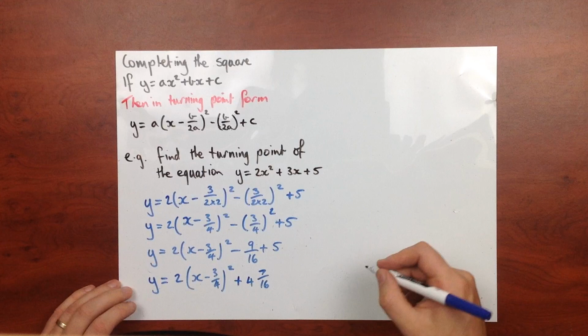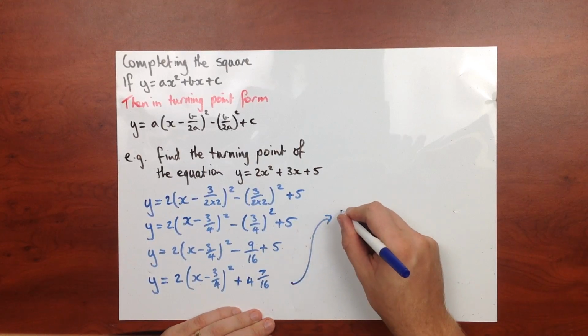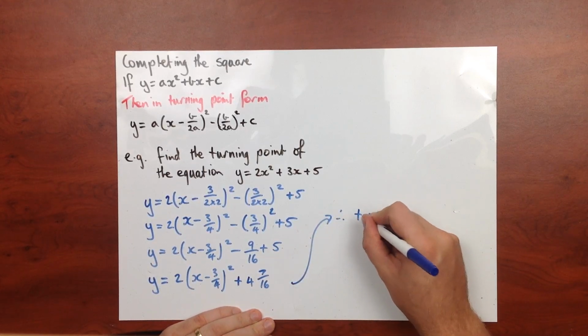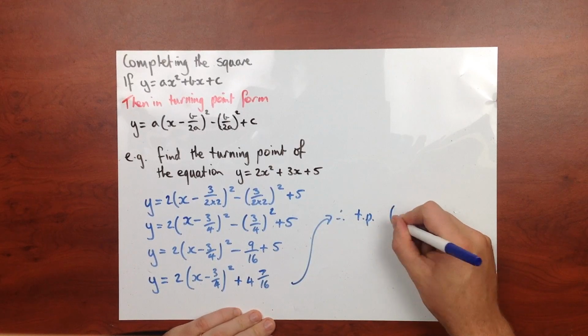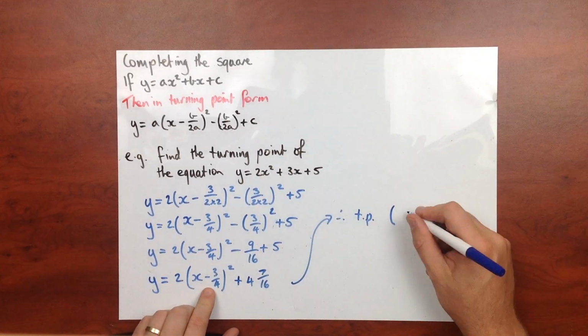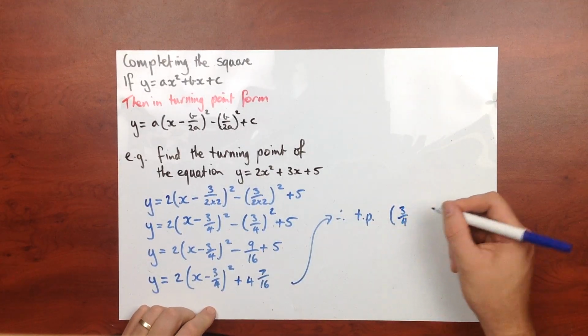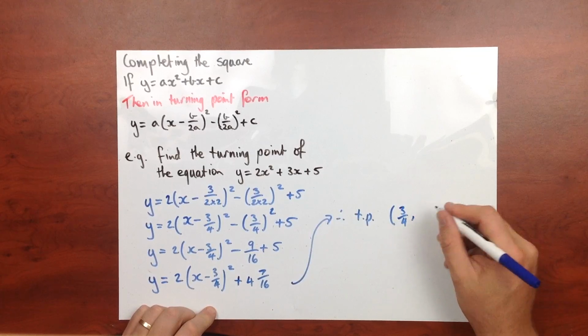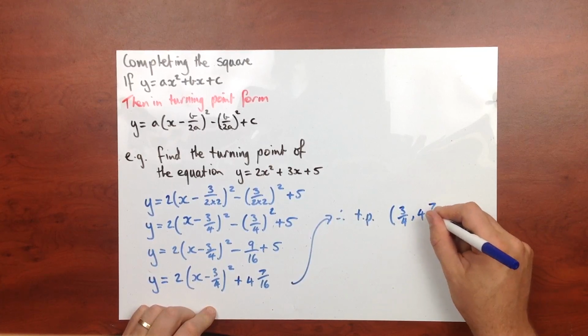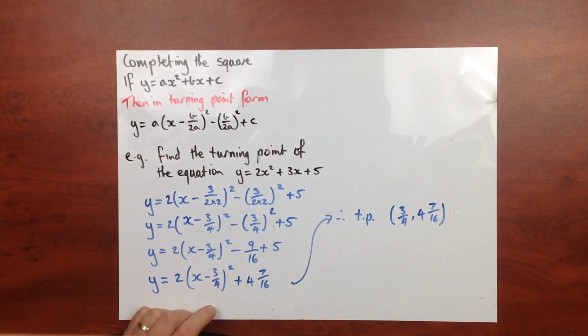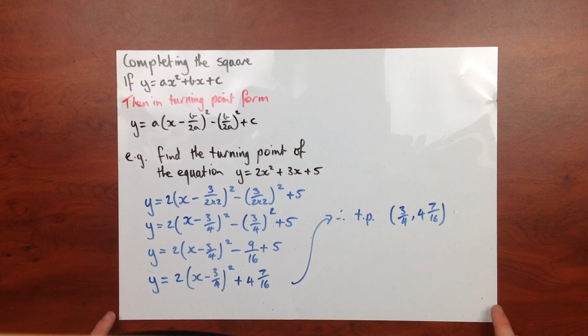So therefore we could say our turning point, where we've got to change our sign here, is 3 on 4, 4 and 7 on 16. So that's just a little bit of a recap on our knowledge of quadratics from year 11, and hopefully that'll be enough to get you through some of the work that we need to do in year 12.